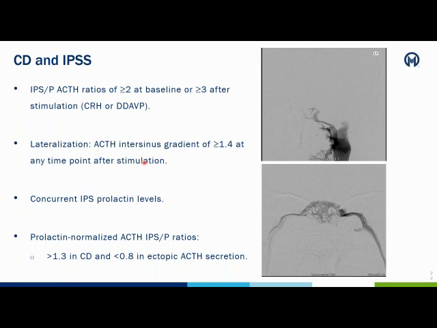Now we know that there are a lot of things that impact the lateralization of the IPS when performing IPSS, and we cannot trust the lateralization of these studies as well as we trust that these patients have a pituitary source of the ACTH.